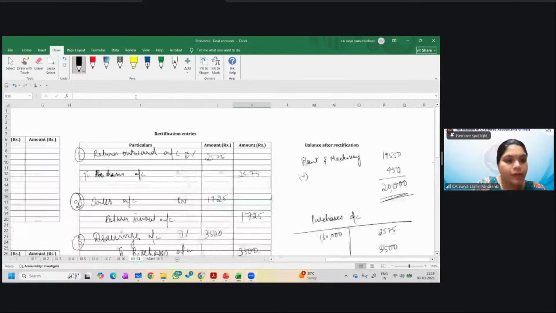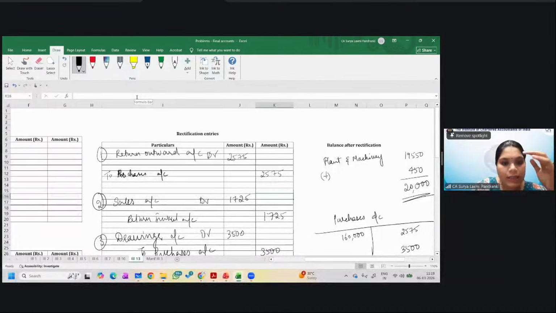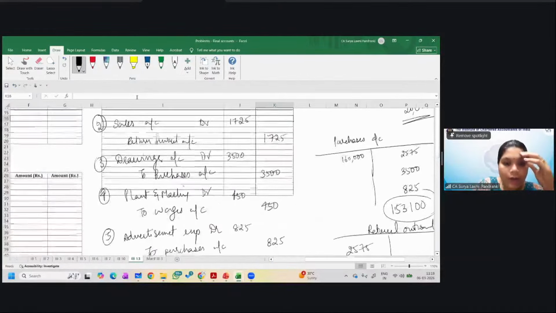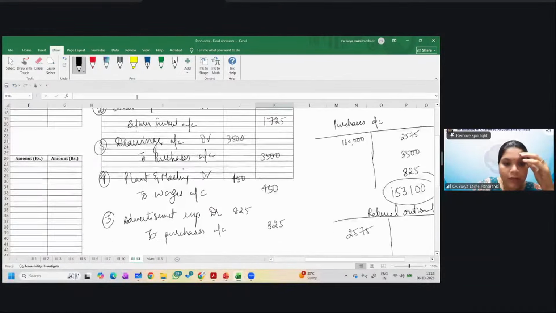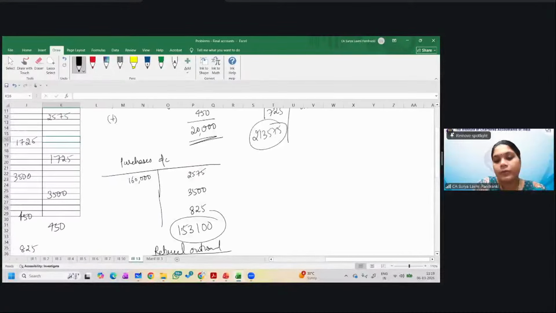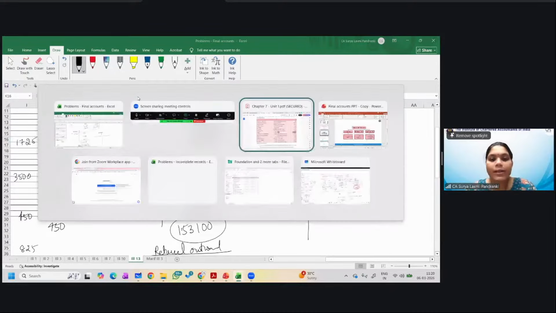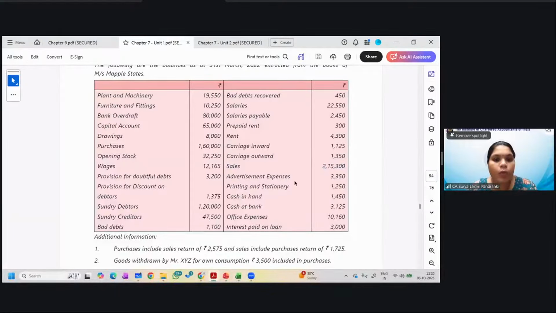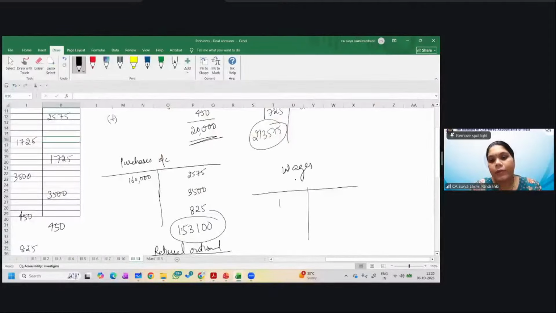And what else do we have? Outward, inward, purchases, sales are done. Drawings is left. Plant and machinery is done. Wages is left, and advertisement is also left. Now wages. What is the balance in wages? 12,165, right? 12,165 is the balance in wages.